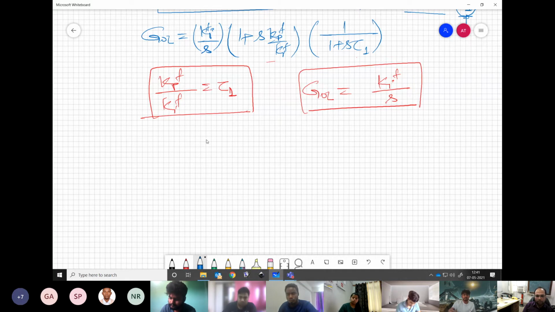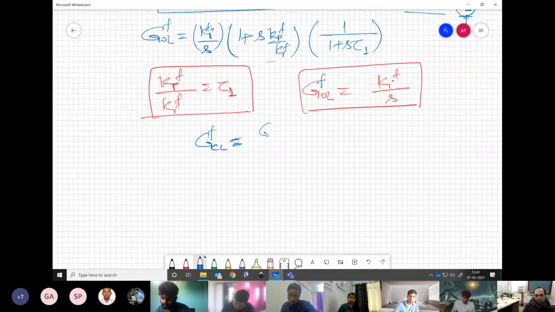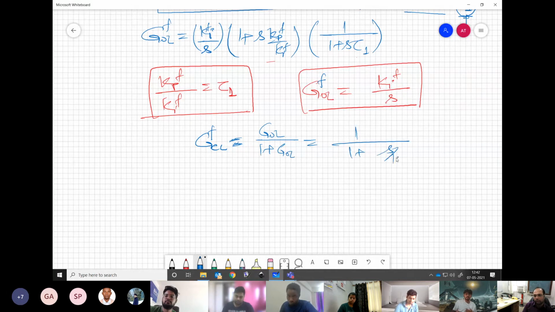So then we have the closed loop. What could be the closed loop? Can you tell? Naveen, what is the closed loop transfer function now? GOL upon 1 plus GOL. And if you simplify, it can be written as 1 by 1 plus S by KIF. Understanding my point?